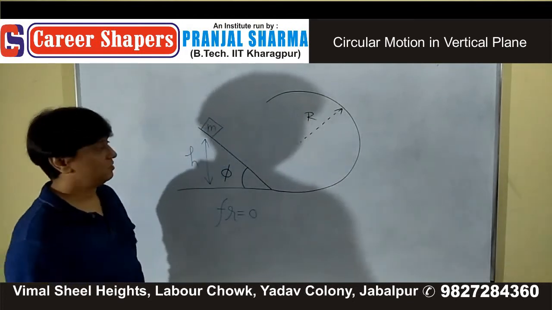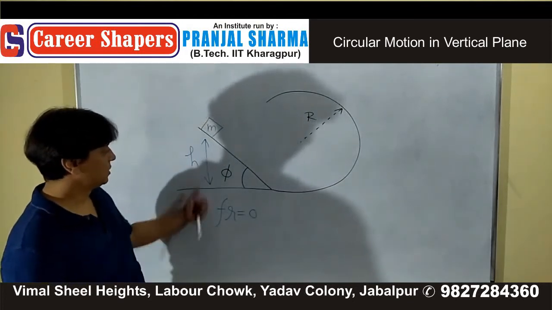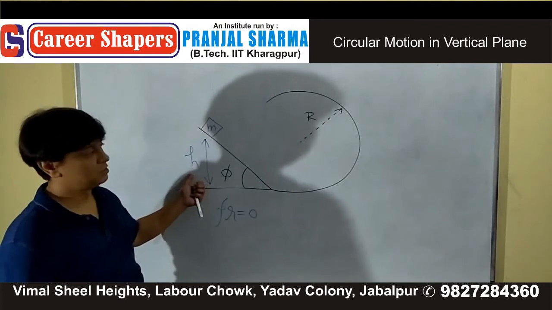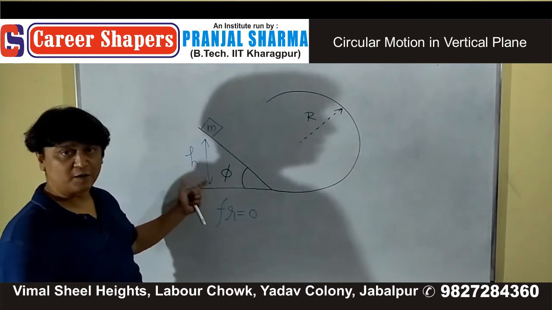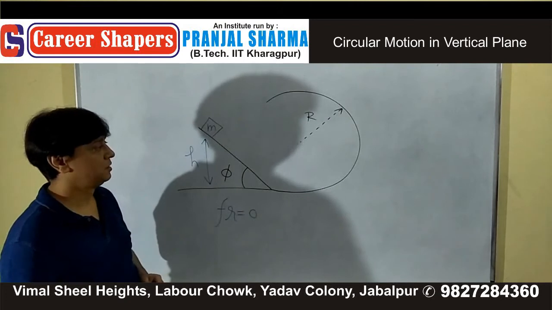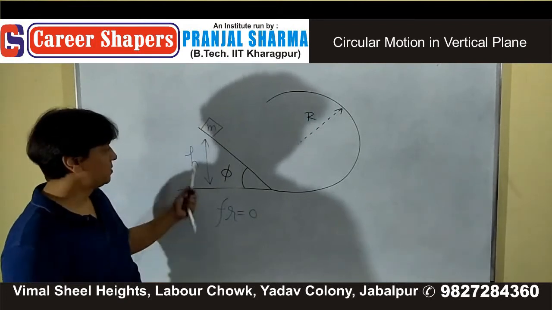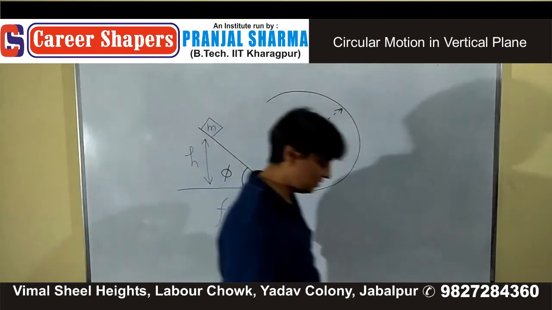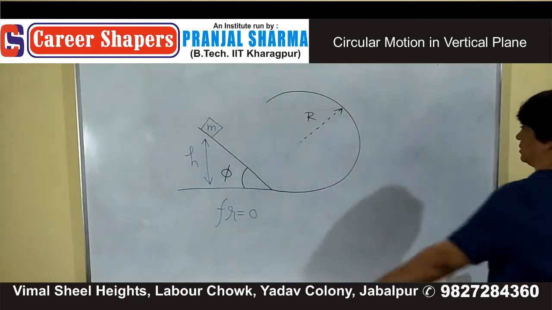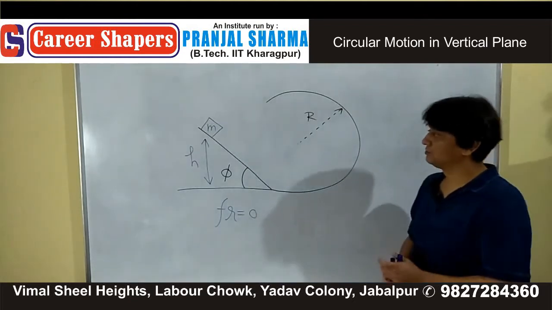The question is, first part, find out minimum h so that the object can complete 1/4 circle, and the second part, minimum h so that it can complete half or full circle. Write down the question.